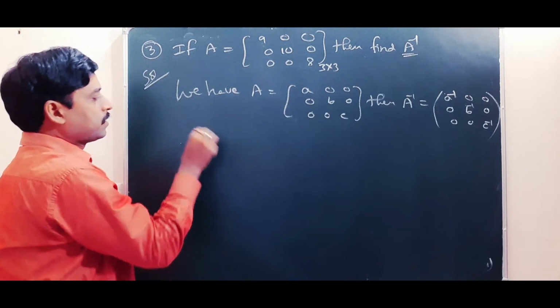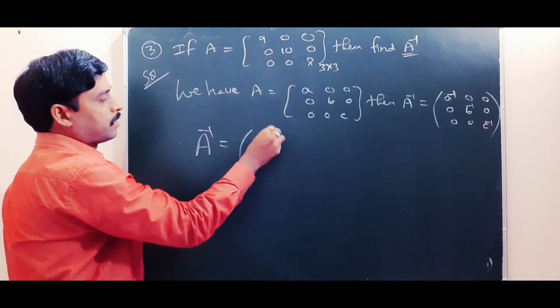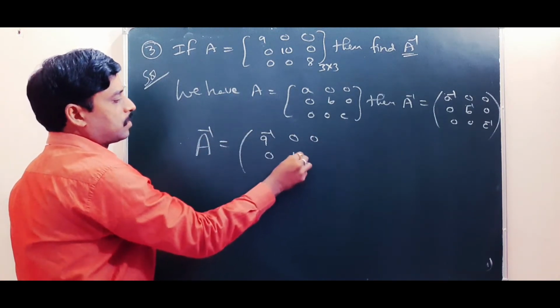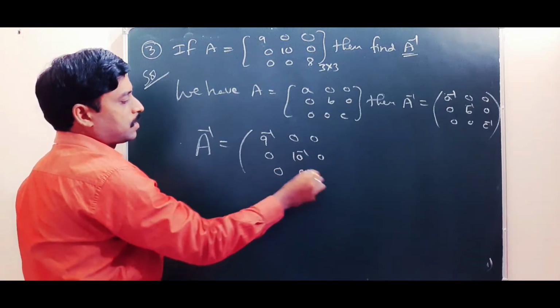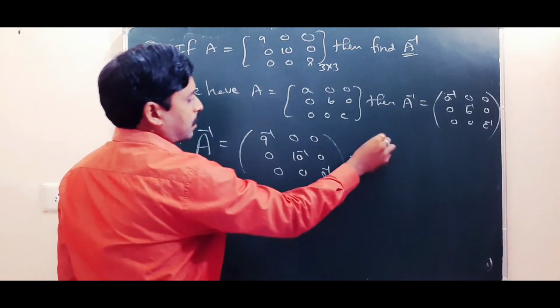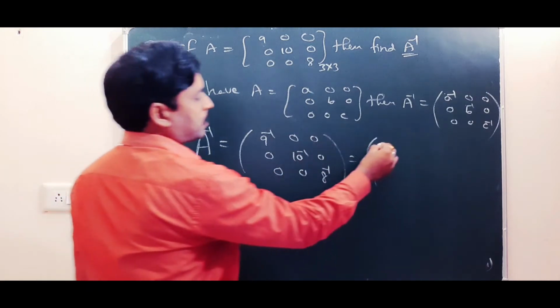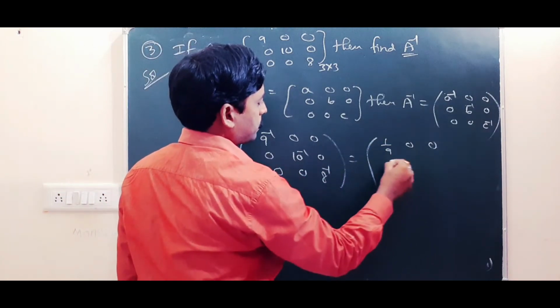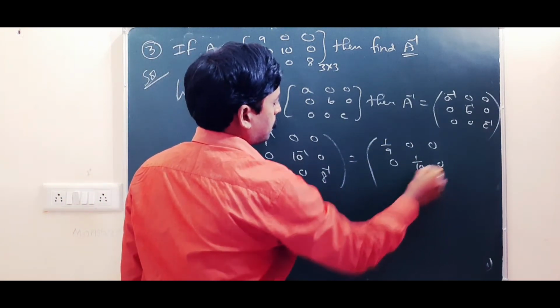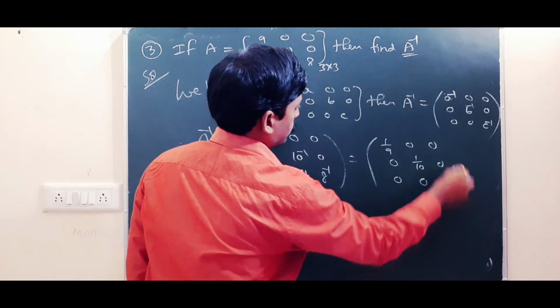Therefore A inverse has 9 inverse, 10 inverse, 8 inverse on the diagonal. It becomes 1 by 9, 1 by 10, 1 by 8 on the diagonal. This is the answer.